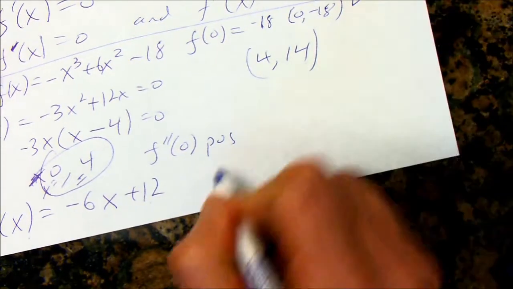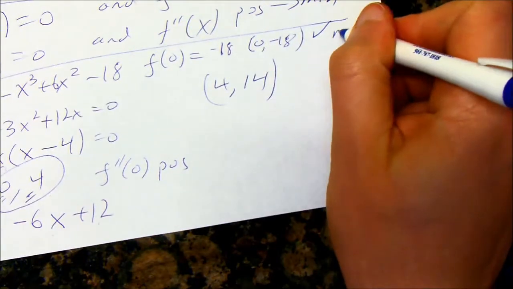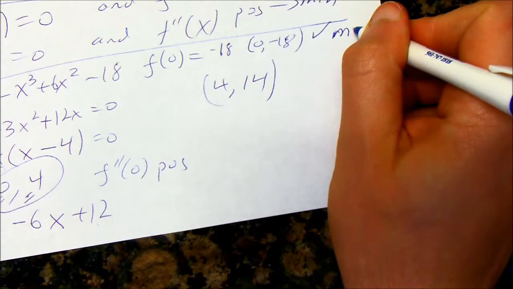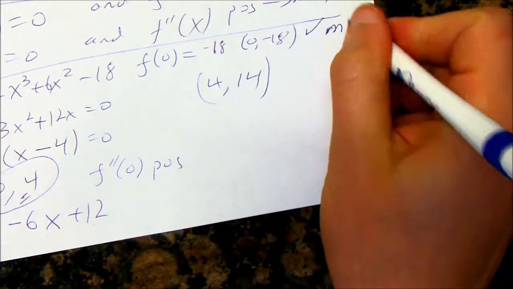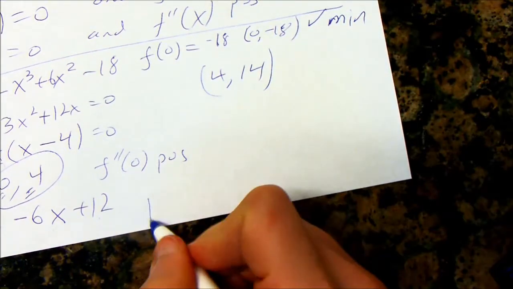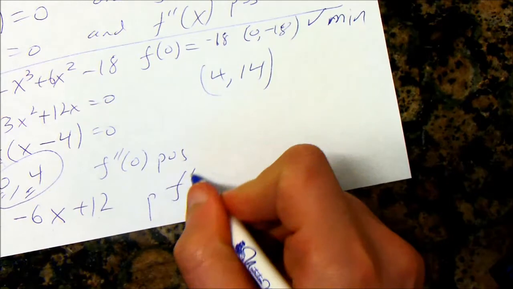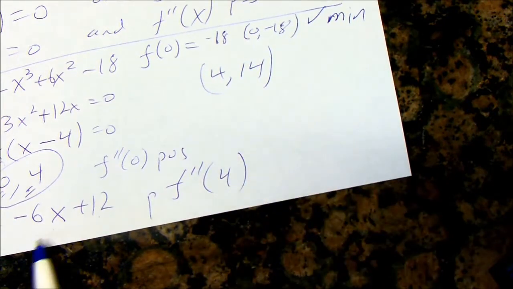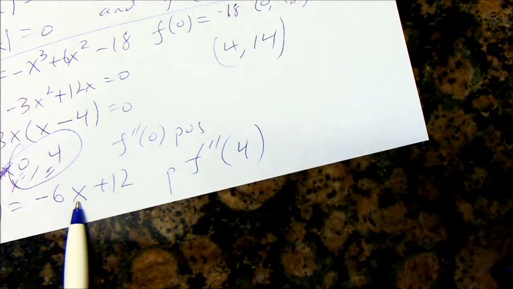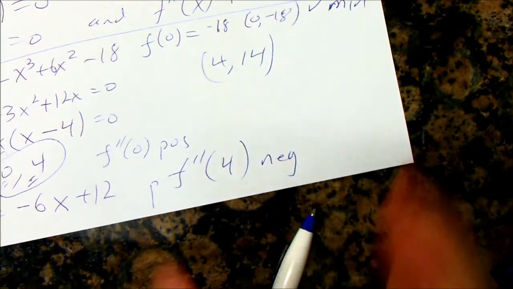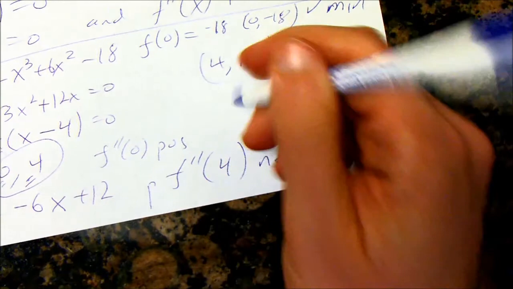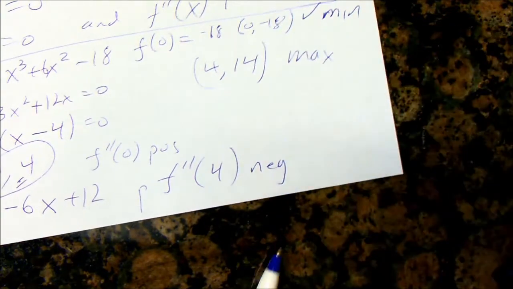Then that means it's concave up, so this is a min, right? What's f double prime of 4? Well, it's going to be negative 24 plus 12, so this is going to be negative. So that means this thing is concave down, so this is a max, right?